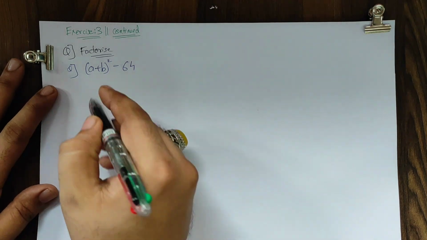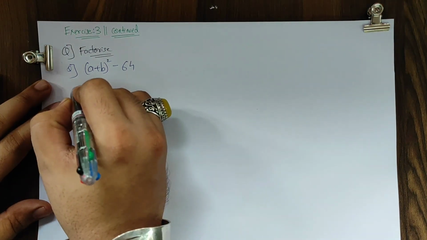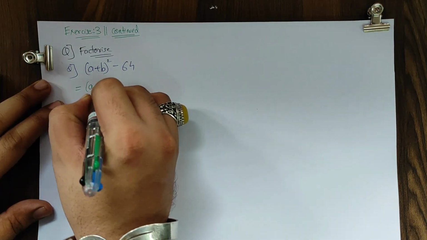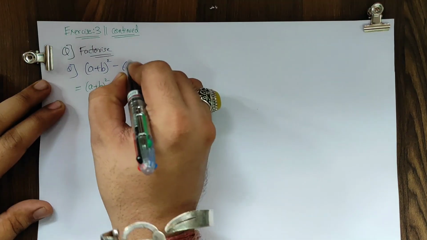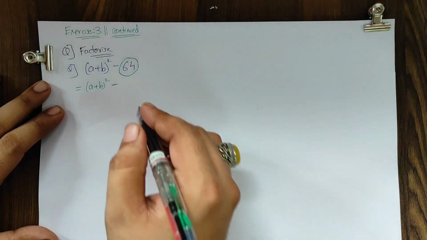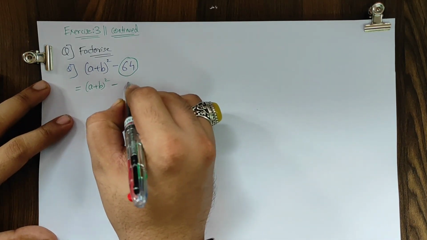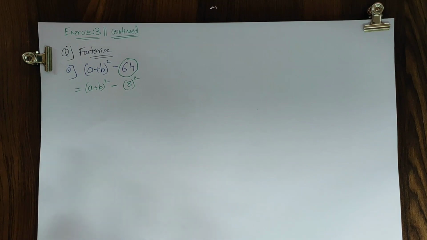Listen here carefully. First of all, in the solution part, I am copying this as it is, equal to (a plus b) the whole square minus... but when I have a glance at 64, I definitely come to know that this is a perfect square, it's 8 ka square.